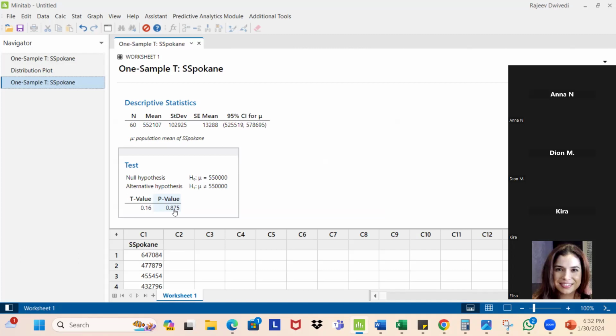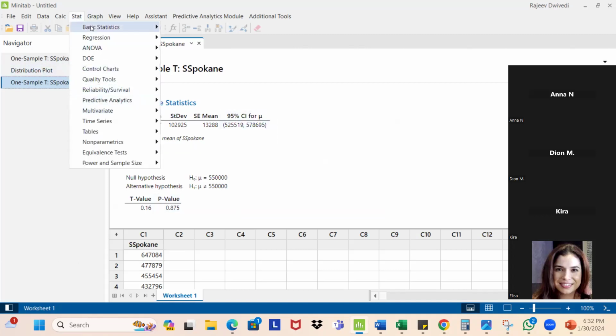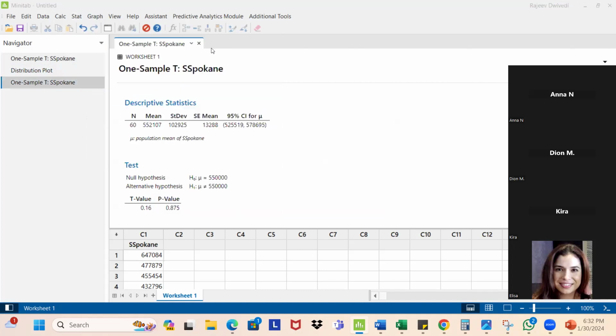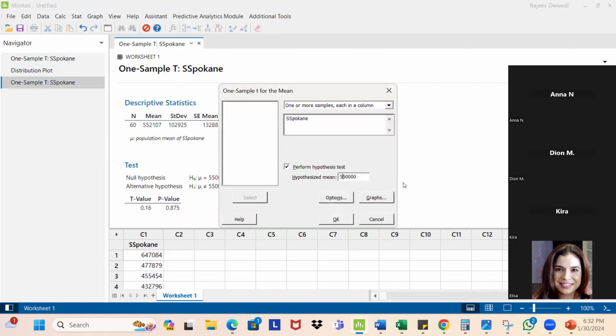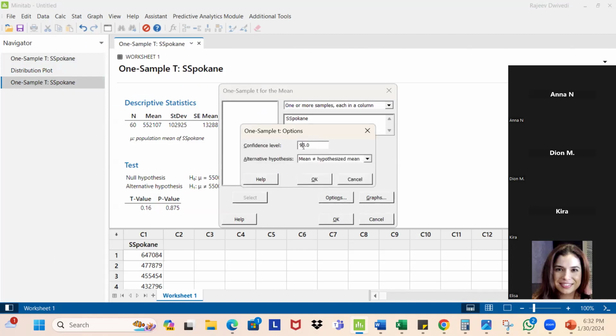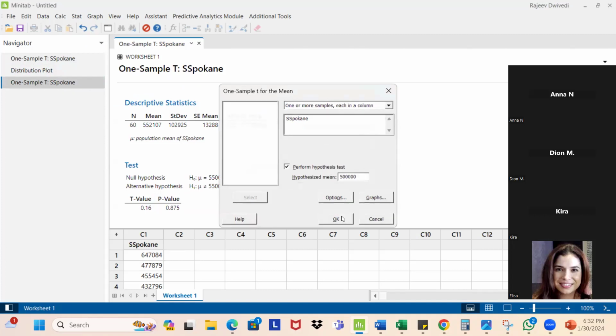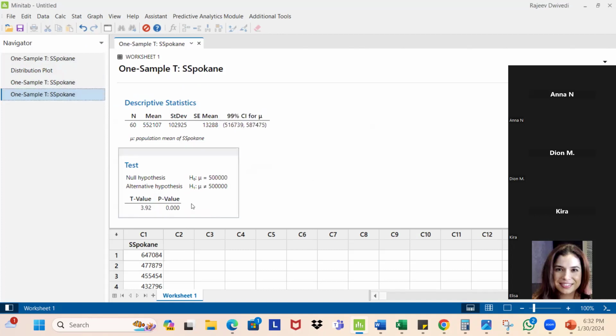Let me do one more thing so that you can understand. Here let me do 500,000 again, and instead of 95%, let me do 99%. And see, at 99%, this also failed the hypothesis.